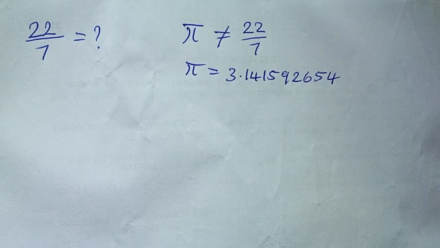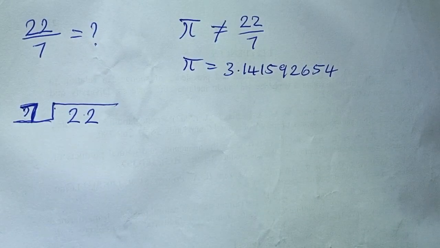But let's see, when we divide 22 over 7, let's see what we are going to get. Now 22 divided by 7. Since 7 is not a factor of 22, we look for the closest number to 22 that is smaller than 22 and that 7 can divide, which is 21.